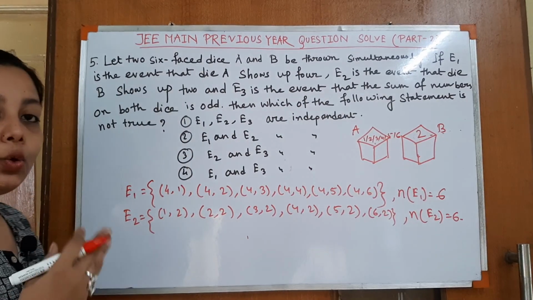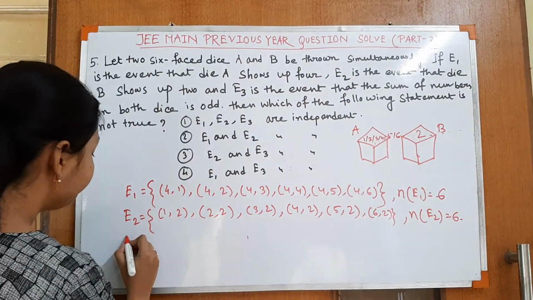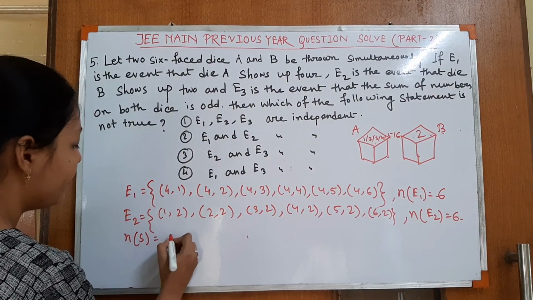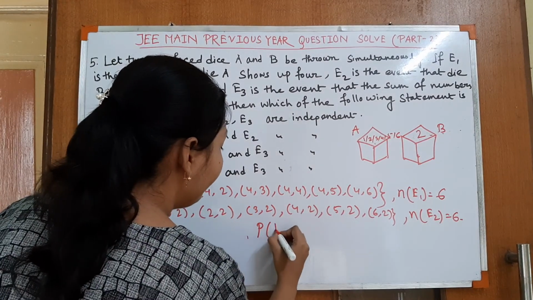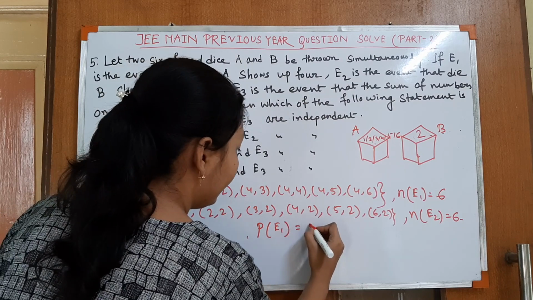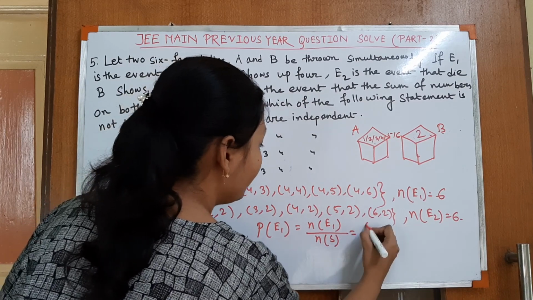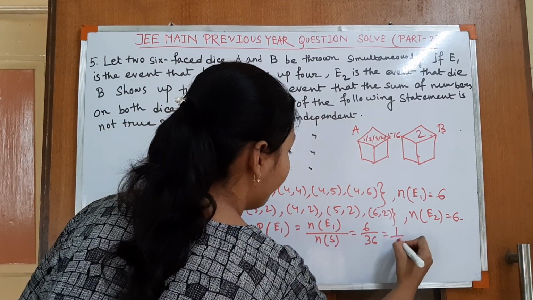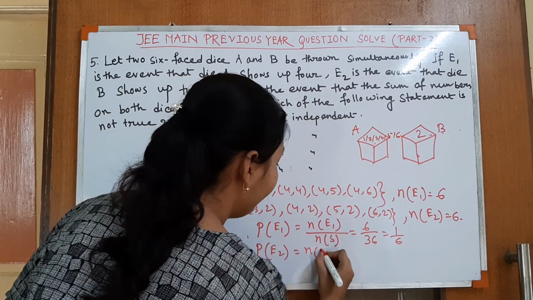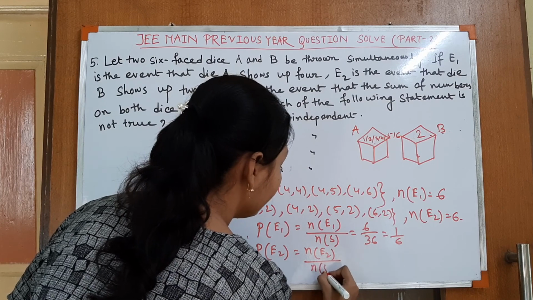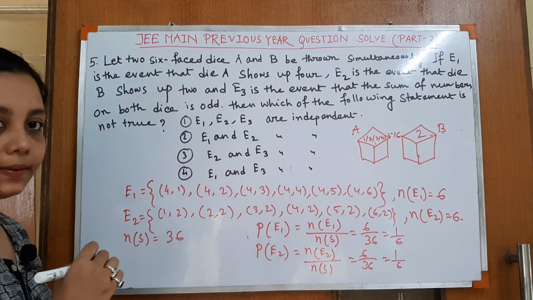Since here two dice are thrown simultaneously, the number of elements in the sample space is 36. Therefore, probability of E1 is n of E1 by n of S equal to 6 by 36, that is 1 by 6, and probability of E2 equal to n of E2 by n of S, that is 6 by 36, also 1 by 6.